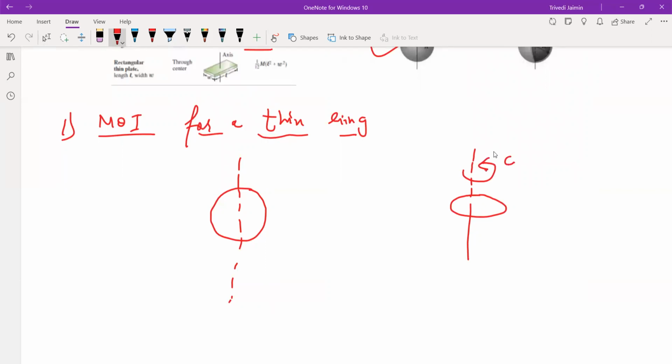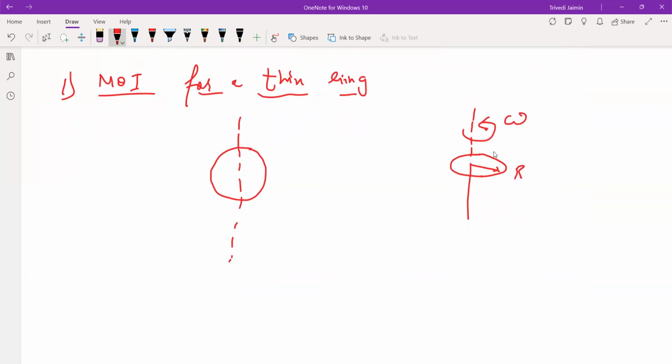That means this is your velocity direction, it's clockwise. This is our radius. If I take a small element from this, whatever we derive will be the same all over, because the ring is uniform.